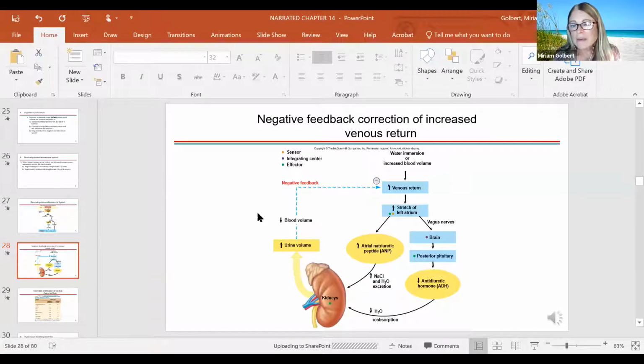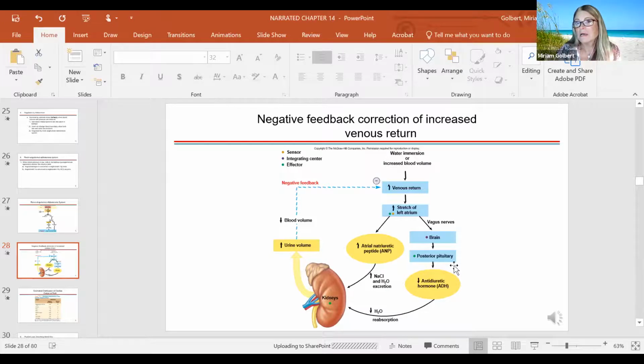And another thing that happens is that the stretch of the atrium causes the vagus nerve to send information to the pituitary to not secrete antidiuretic hormone. I know it doesn't make sense, but I don't like the arrow saying decretion of antidiuretic. It's better just to say no secretion of antidiuretic. Because remember, antidiuretic is only secreted if we have low blood volume.